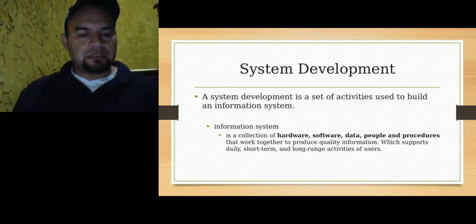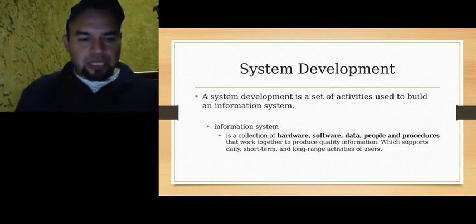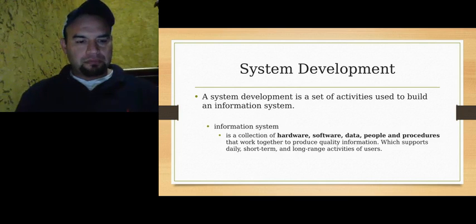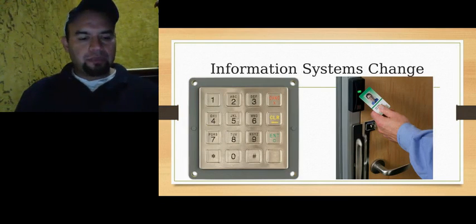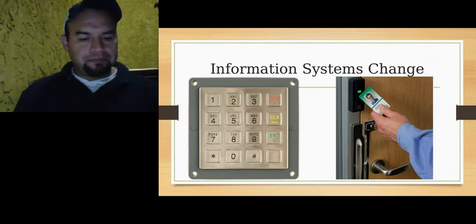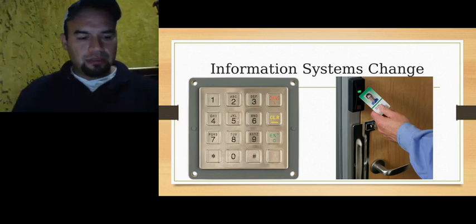Now, sometimes the type of information that users need may change. For example, a company may want to change the way they let their employees into a secure location. Say they originally entered a secure location by simply entering a PIN and would like to change it to scanning a picture ID, such as this one.